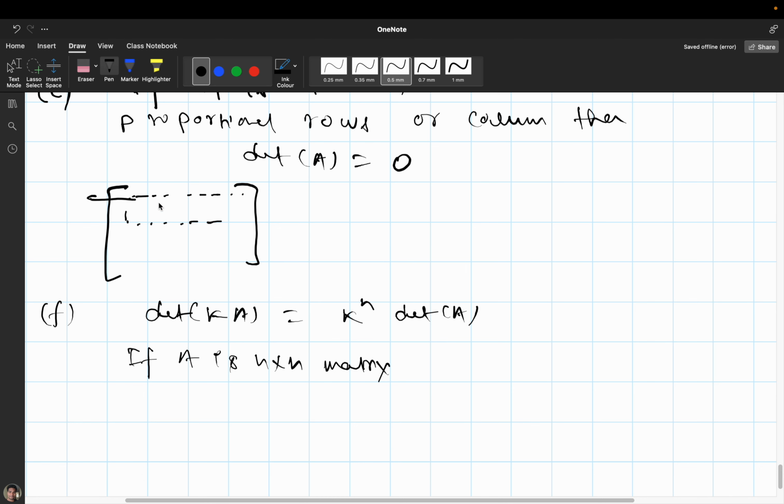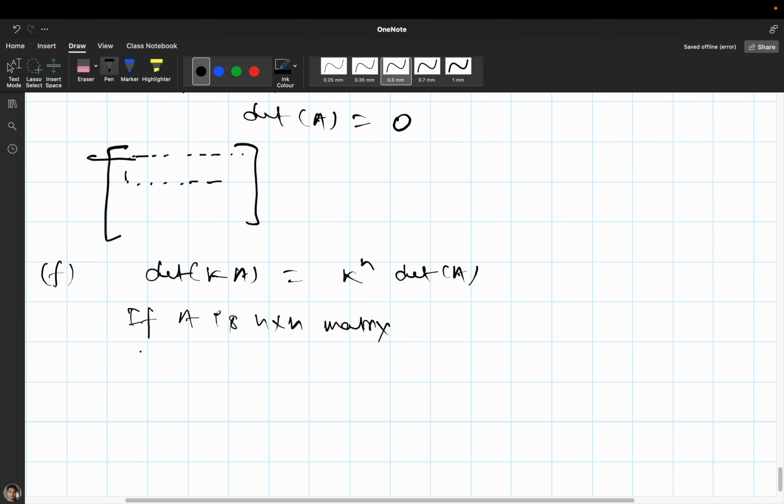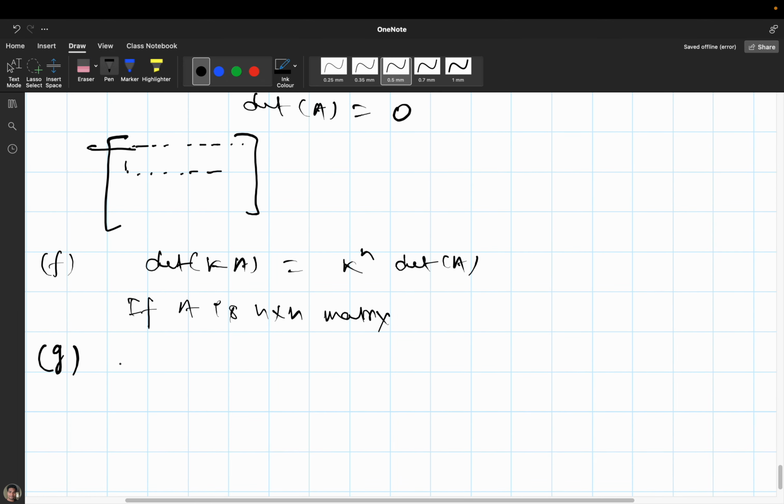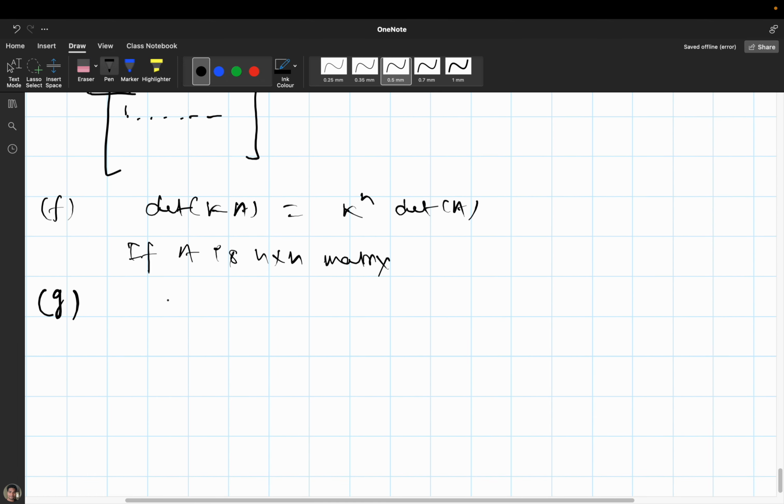K times A means each and every element has a multiple of k, which means that in each row you can take k out. If it is an n by n matrix, it has k into k into k, n times. That's why it will become k raised to the power n times determinant of A, right? Yes. Yeah. Okay, tell me.